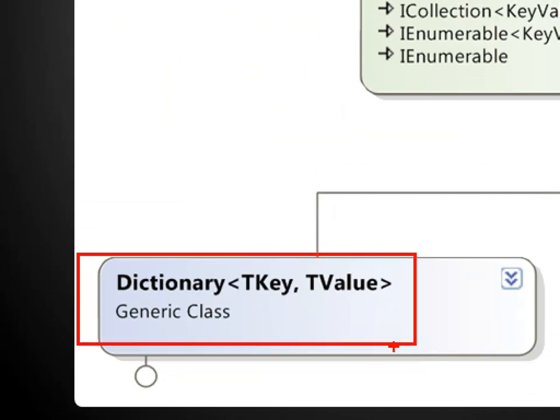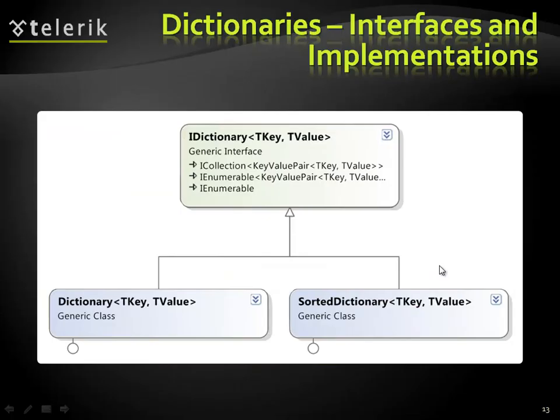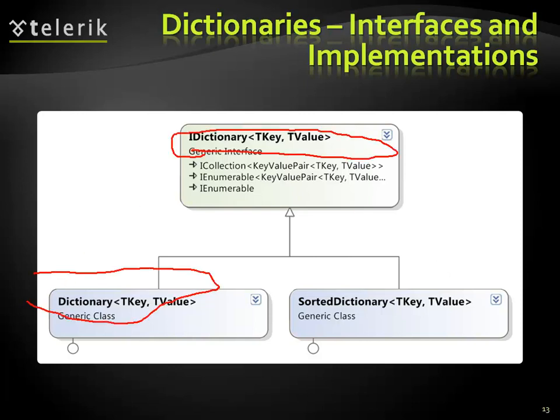If we have the keys George, Jason, and Zebra, Zebra could be first in this type of dictionary. But in the other type of dictionary, it will always be last because it's alphabetically the last one. So, that's what you can use. Again, you will most commonly use this one or this one.